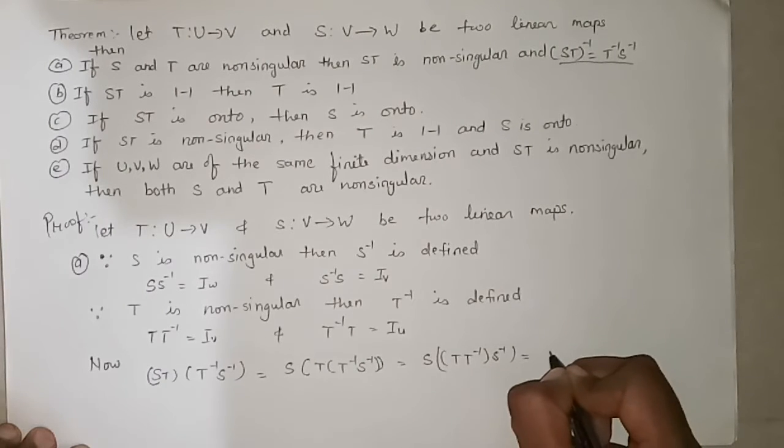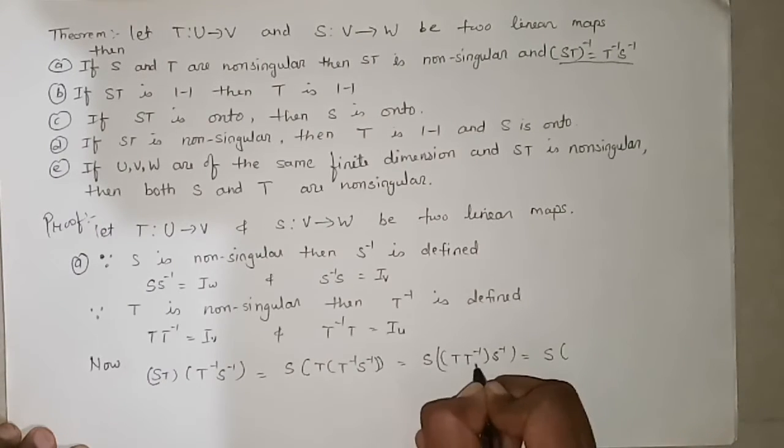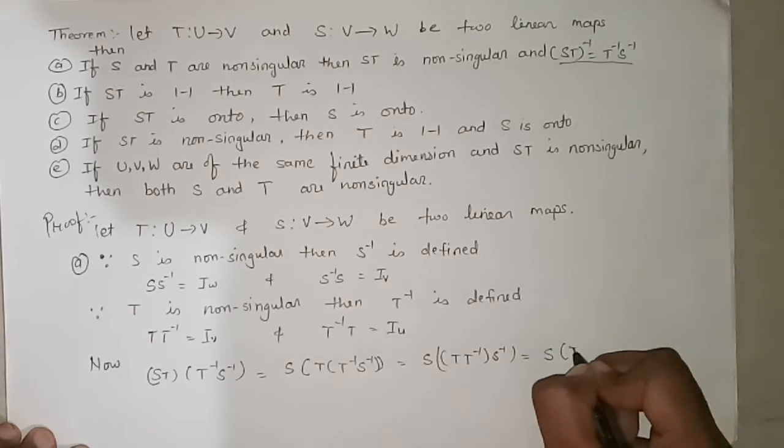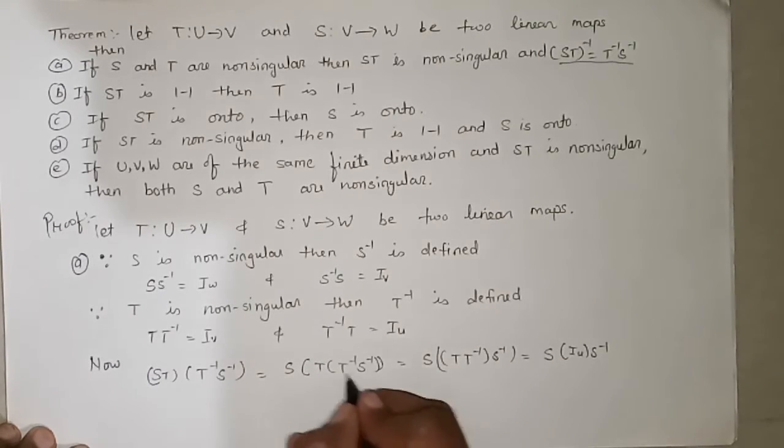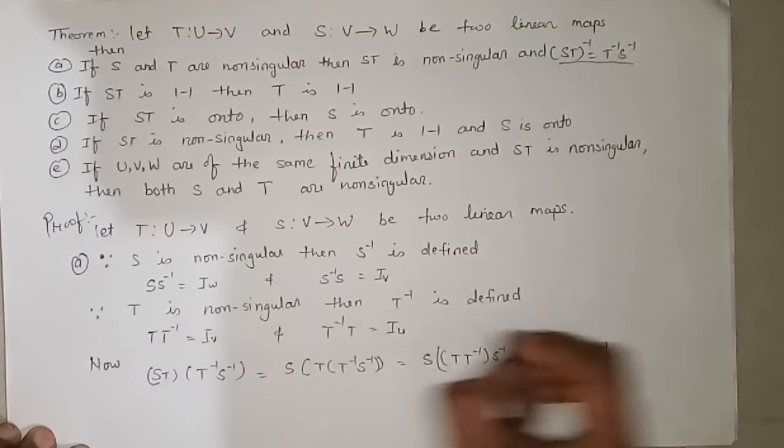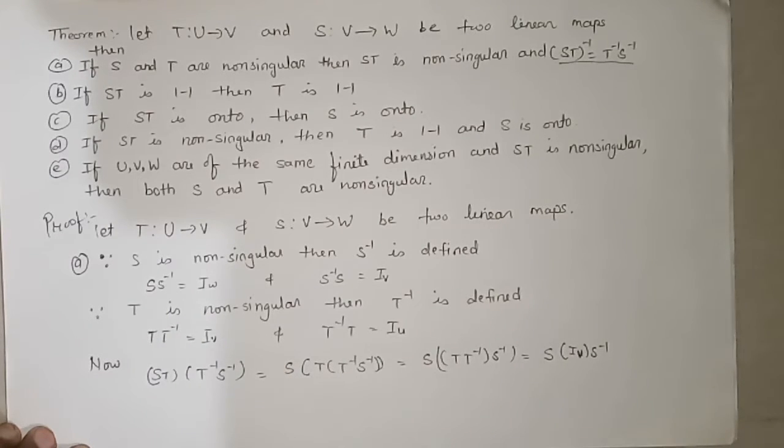And from this we can write S, and the product of T and T inverse is nothing but IV, so S S inverse, which is nothing but IW.